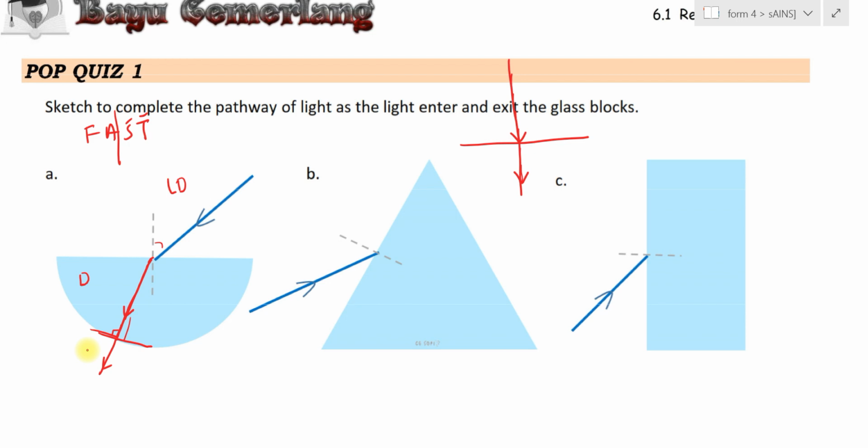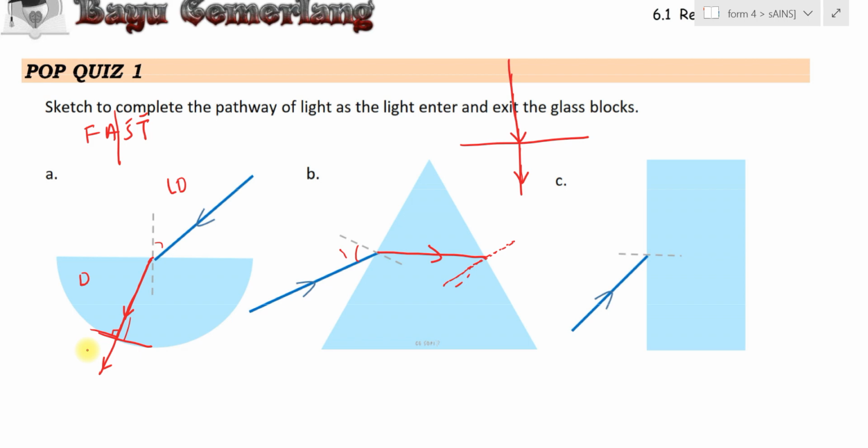Okay. Baik, yang seterusnya, ini less dense, dia kena menghampiri ya. Okay, kamu tengok ini I dia. Jadi, R kamu dia kena lebih menghampiri. Macam tu. Okay. Lepas tu dia nak keluar balik ni 90 darjah kamu lebih kurang macam ni pula. Okay. 90 darjah tak? Tak, 90 darjah. Sikit lagi. Okay, kejap. 90 darjah dia macam ni lebih kurang.